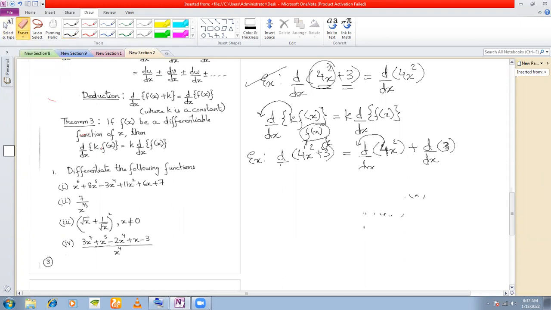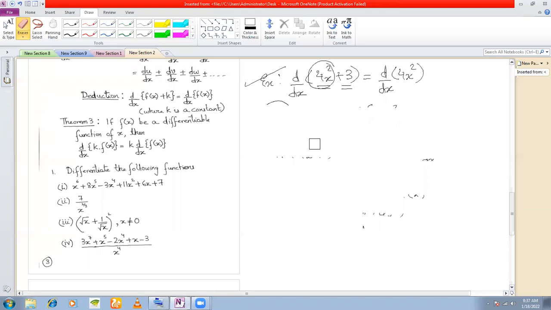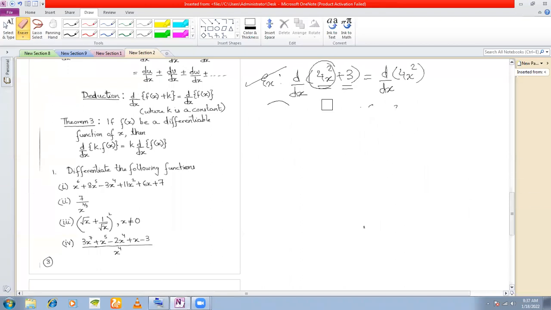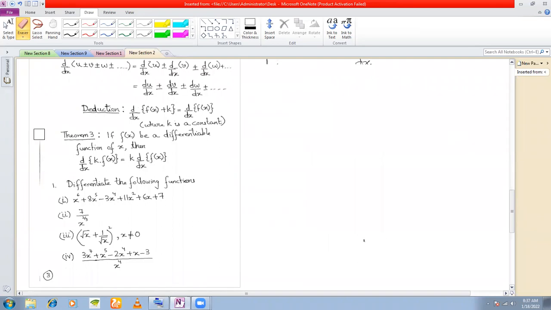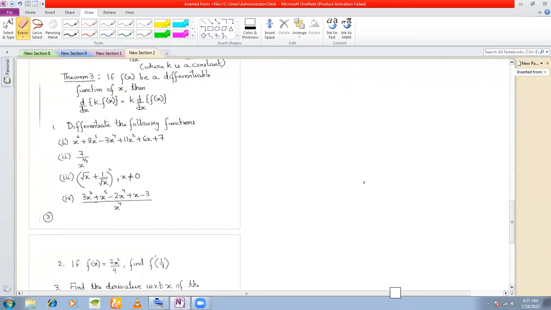Fine. Now, once we know these results, we are in a position to solve certain sums. Let's do the direct differentiation first, and then we can do the first principles a little later. First one, differentiate the following functions.